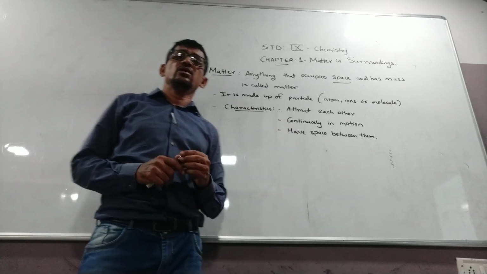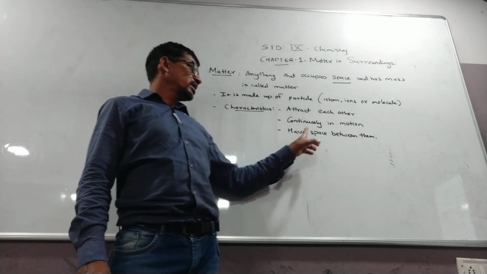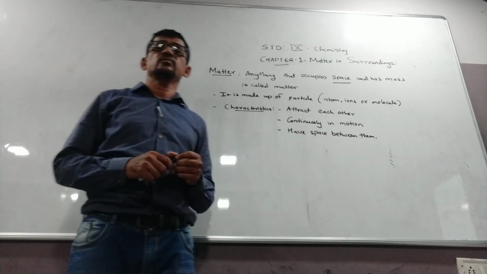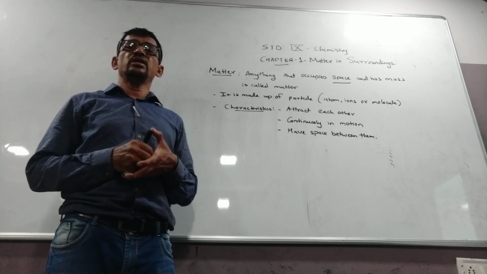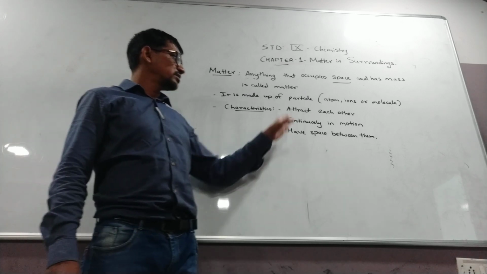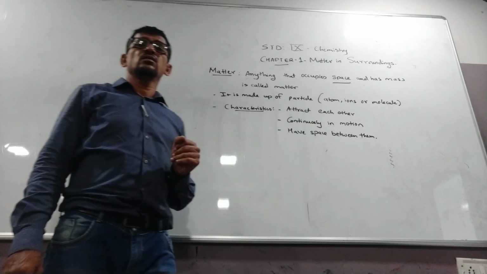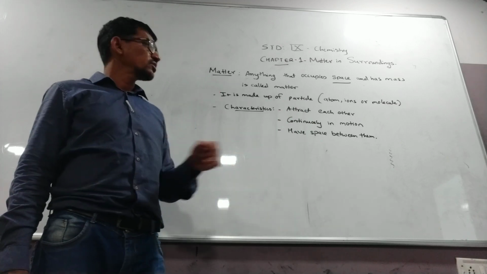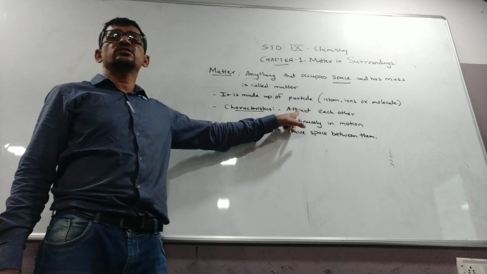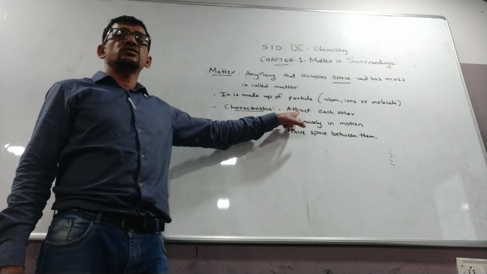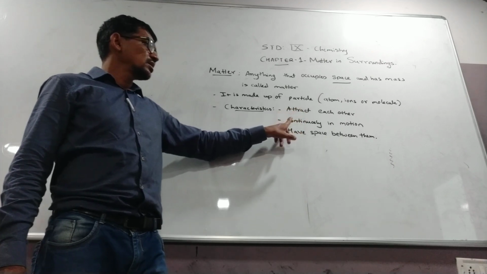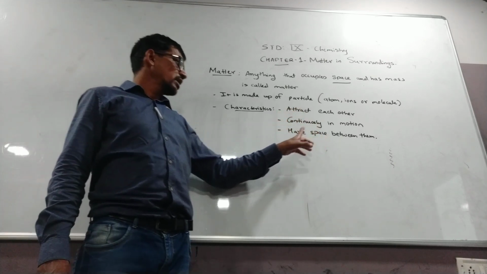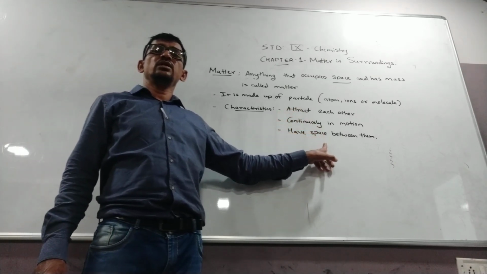Next, the third property of matter is that matter has space between its particles. So we will perform three practicals as activities, and we can conclude that matter has attraction between its particles, they are in continuous motion, and have space between them.